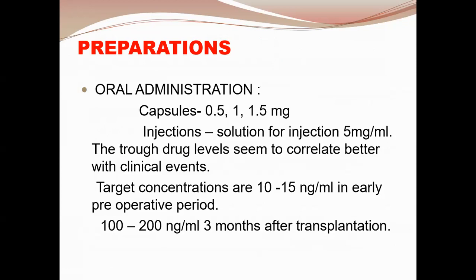The target concentrations are 10 to 15 nanograms per ml in the early pre-operative period, with tacrolimus given to prevent graft rejection, and 100 to 200 nanograms per ml 3 months after transplantation.